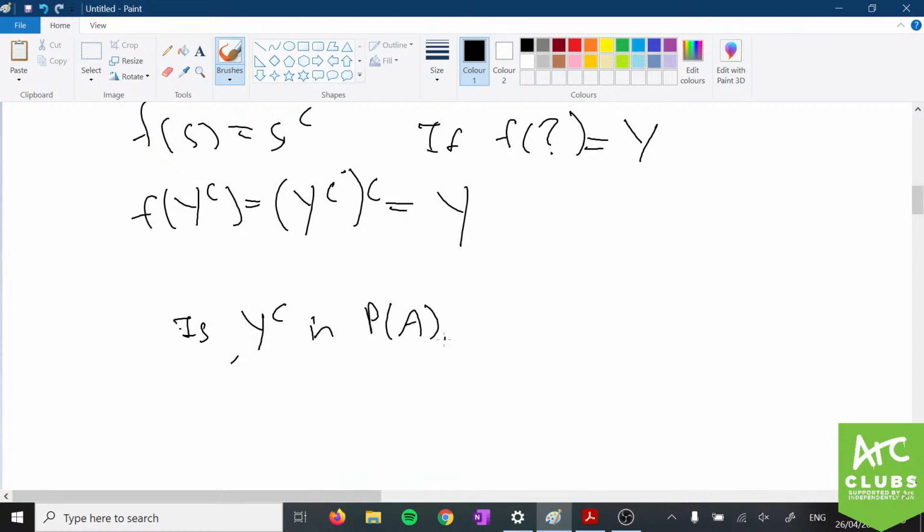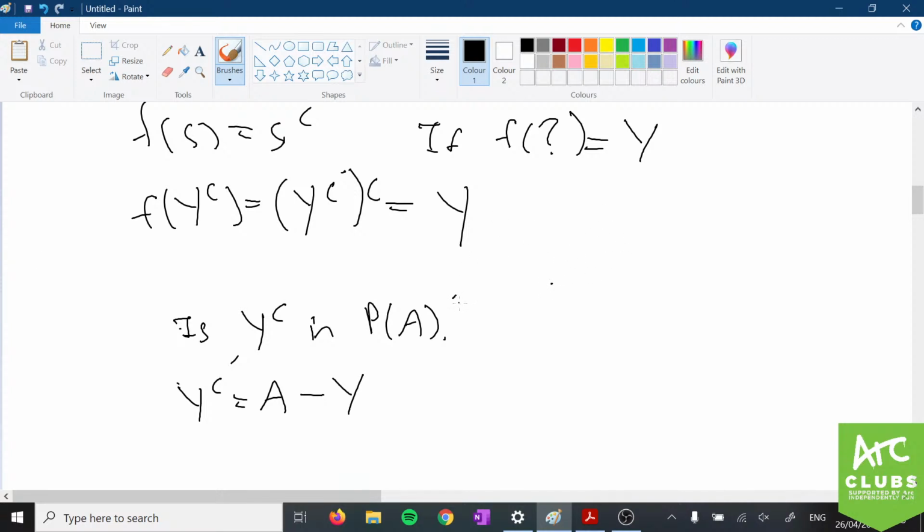Well, in our case, the y complement would be A minus y. A is like our universal set here. If you remove any elements from A, then you automatically create a subset of A. And that's why y complement is also in P of A.